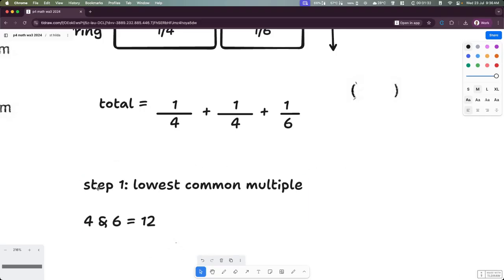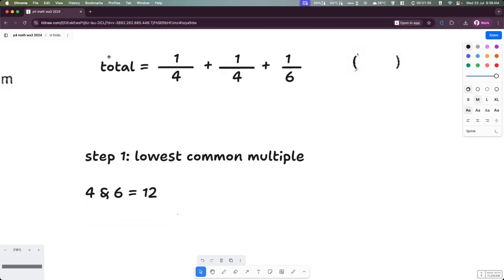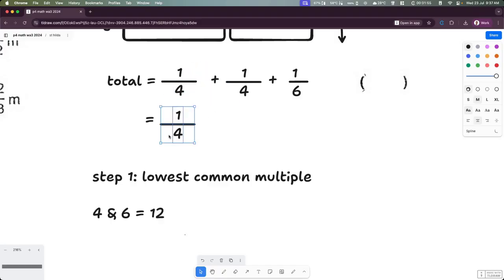So in this case the total is this. Now we're going to make this an equal sign. In a way, we can simplify this even further. It will become, if you guessed it, 2 out of 4 plus 1 over 6.